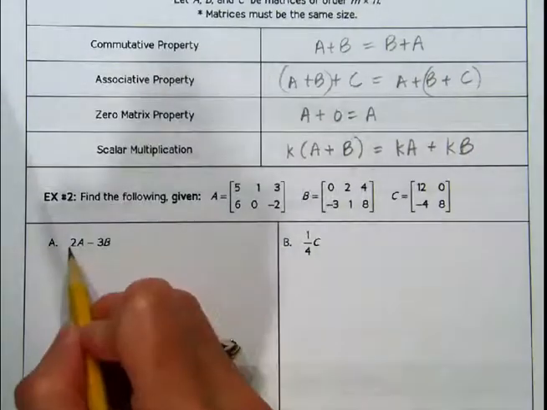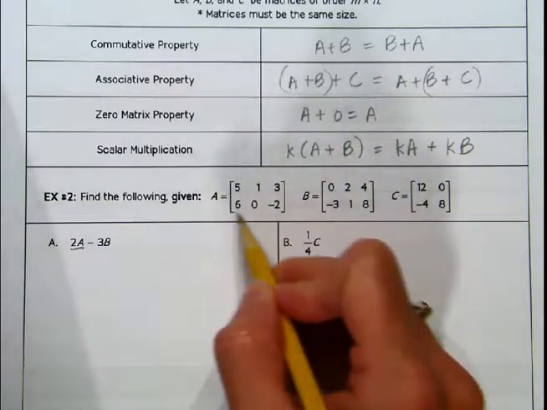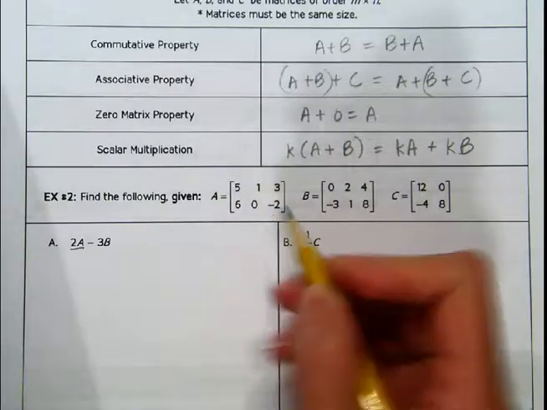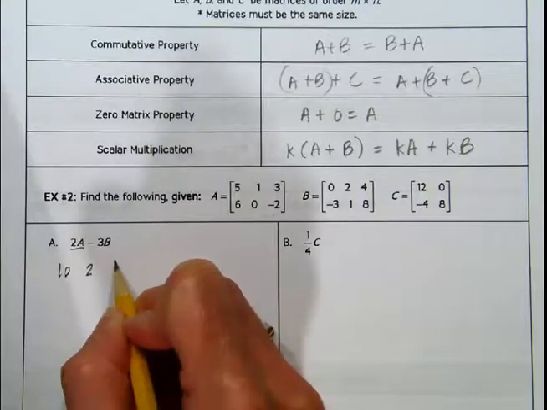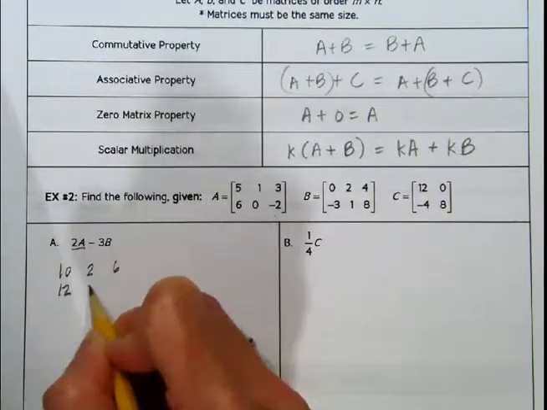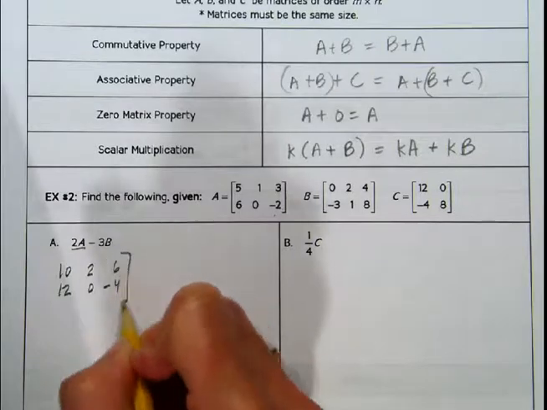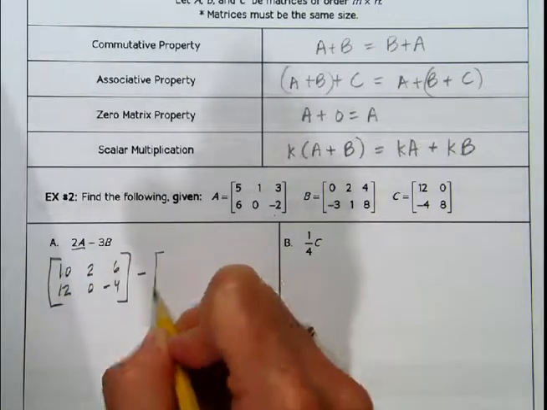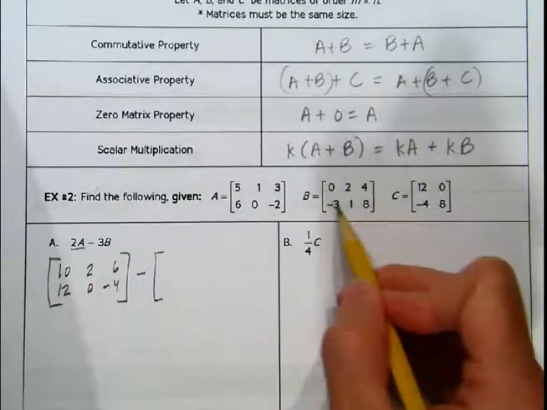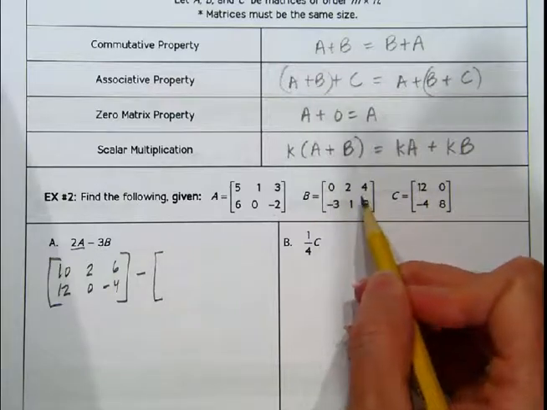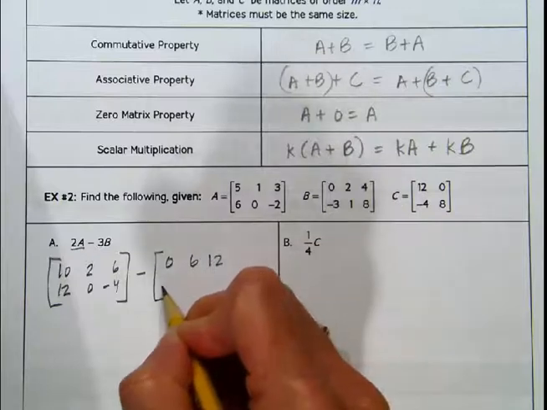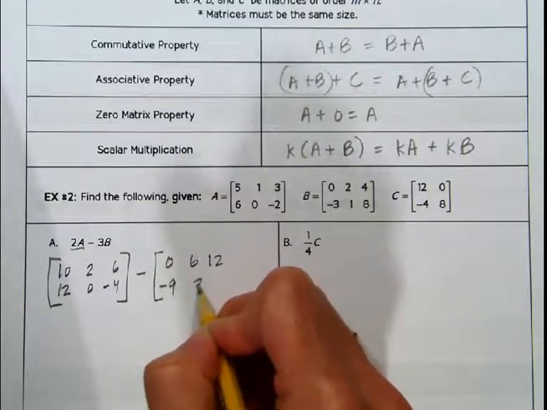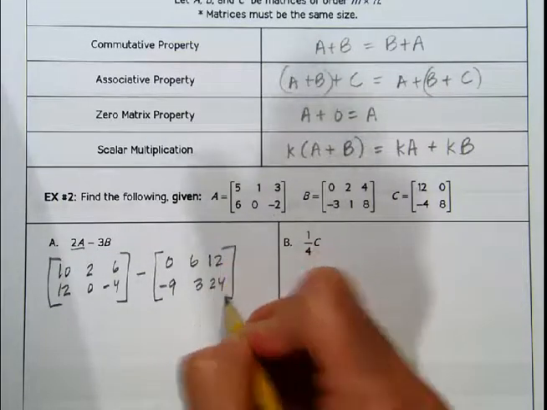So I'm going to do this part first. I'm going to multiply everything in this matrix by 2. That gives me 10, 2, 6, 12, 0, and -4. Minus, and then I'm going to do 3 times everything in this one. So that would give me 0, 6, 12, -9, 3, and 24.